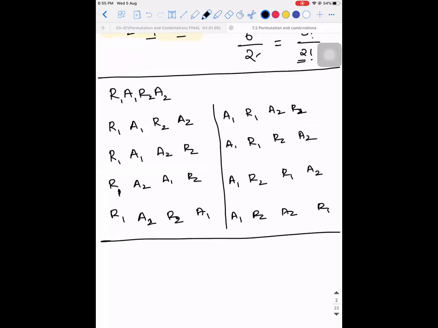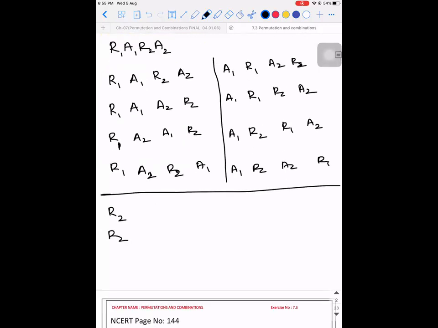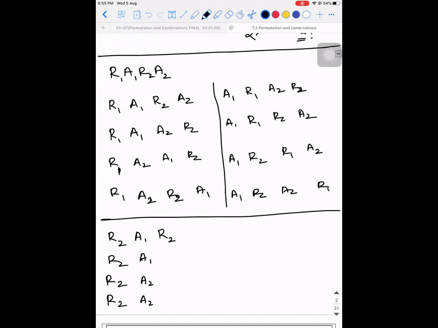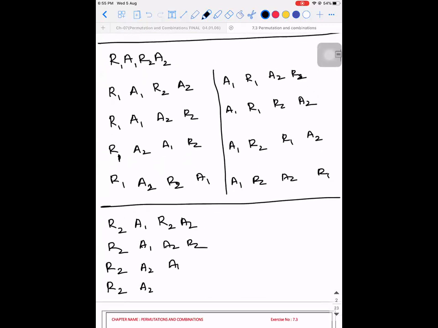Next, what should I keep fixed? I'll keep R2 fixed. So R2 will get fixed how many times? 4 times. So with R2, tell me what all rearrangements will happen. A1, A2, then R2, A2, A2, R2, A1, R1, R1, A1.